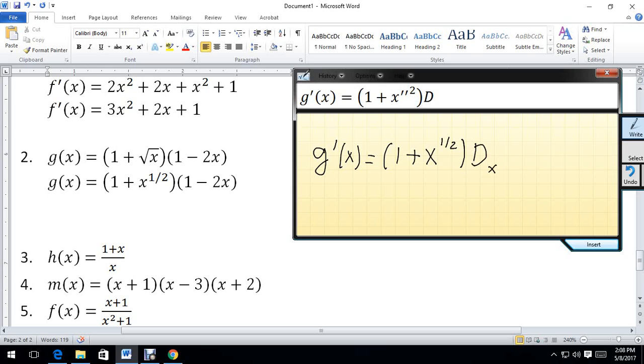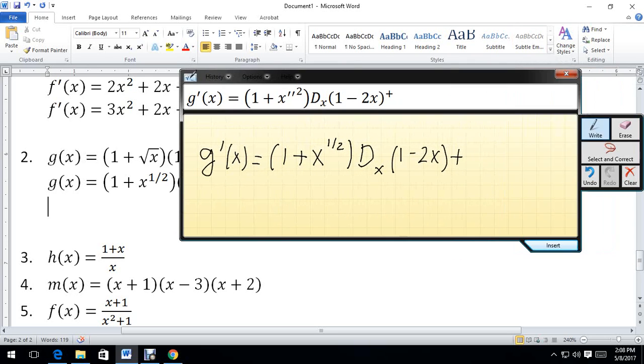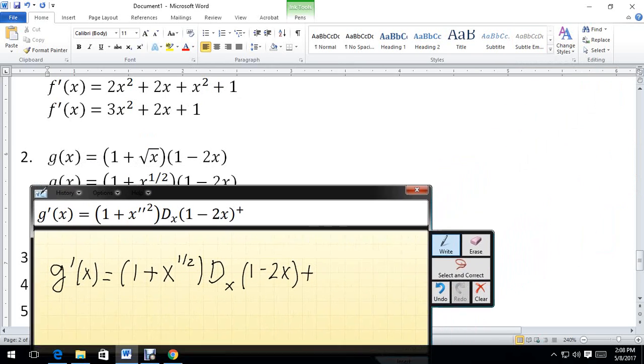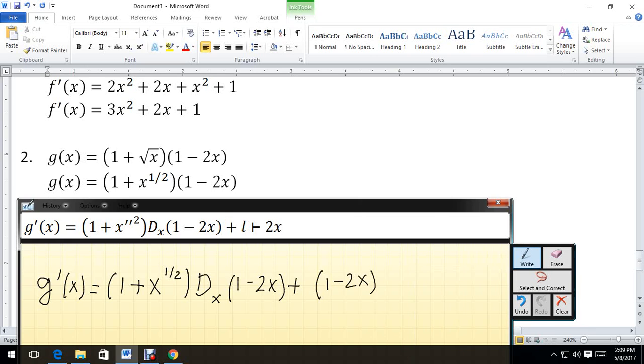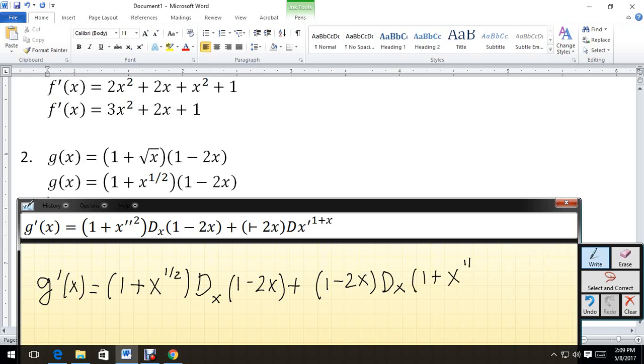So times the derivative of the second, so 1 minus 2x, plus second times derivative of the first, meaning 1 minus 2x times the derivative of the first, so 1 plus x raised to 1/2.